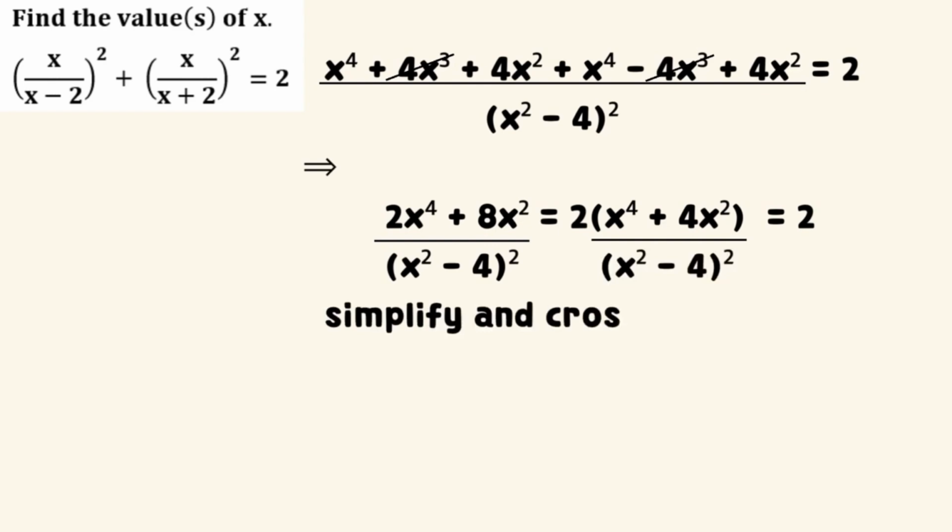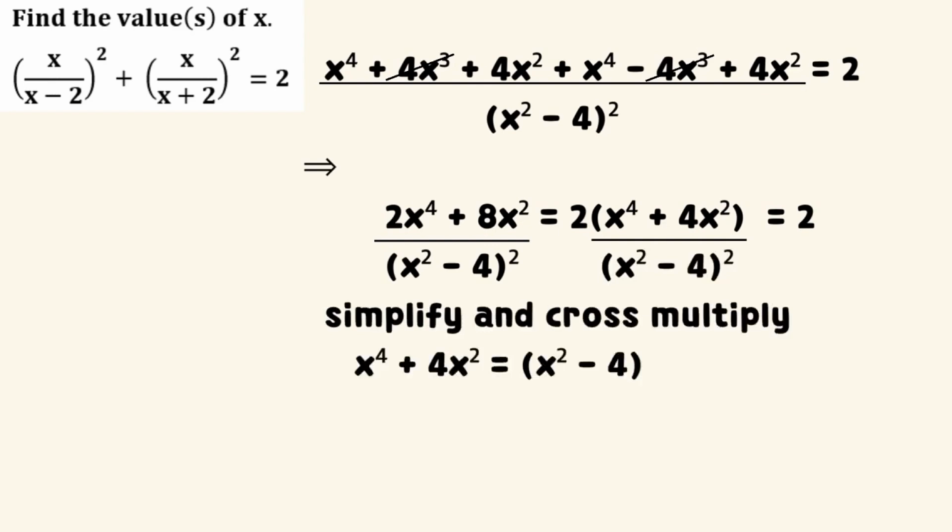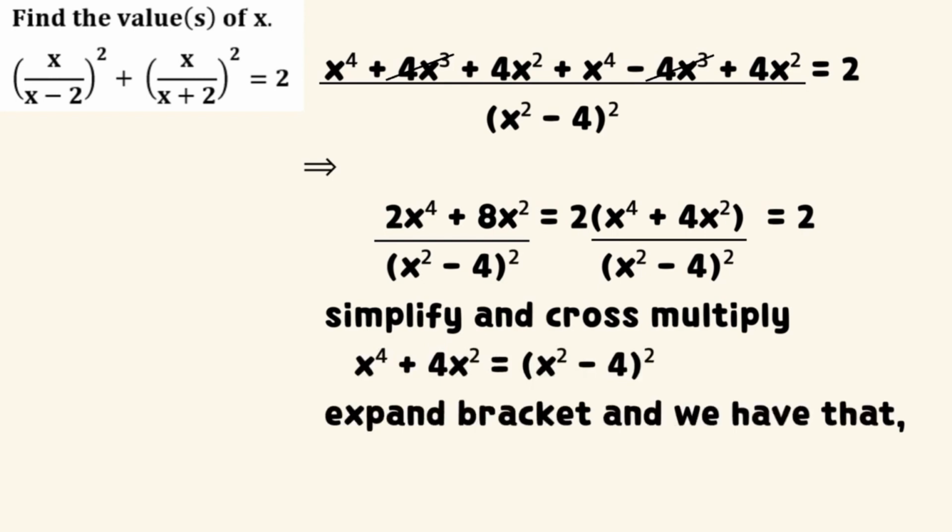Cross-multiply to obtain that the sum of x to the exponent of 4 and 4 times the square of x equals the square of the difference between the square of x and 4. Expand the bracket and we have that.